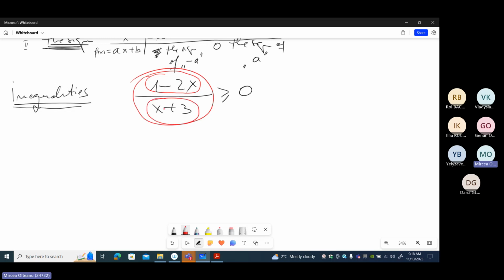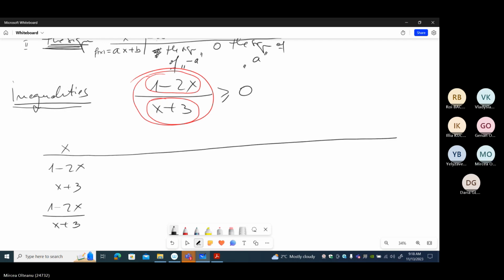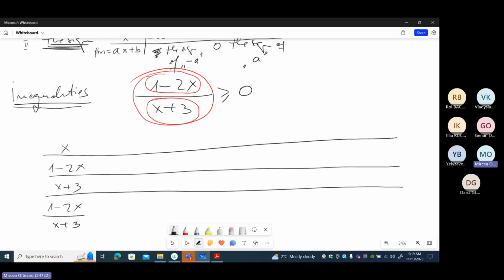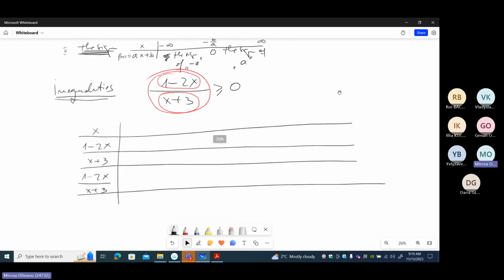So when I see such an inequality, I know that I have to complete the following table of signs. What does that mean? It means the following. The numerator and the denominator are both affine functions, so we know their sign. We can do it, we shall do it.